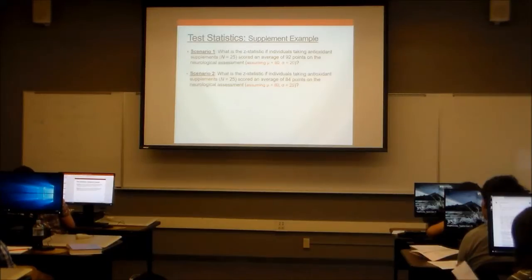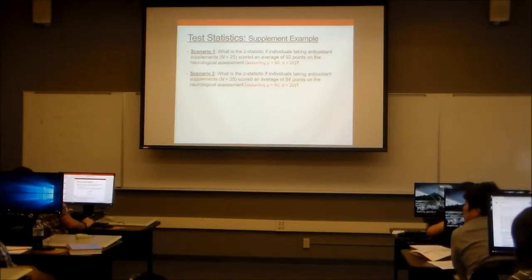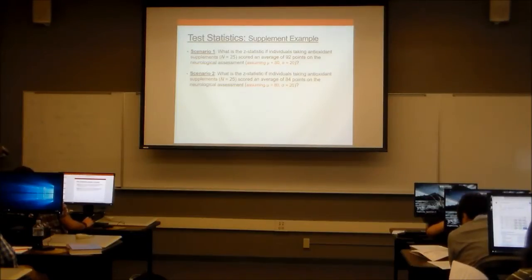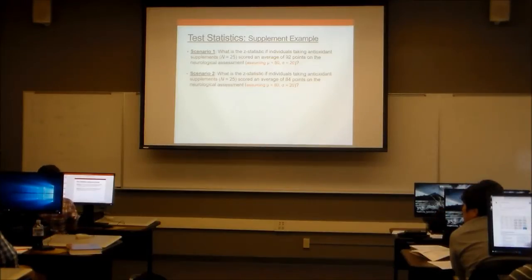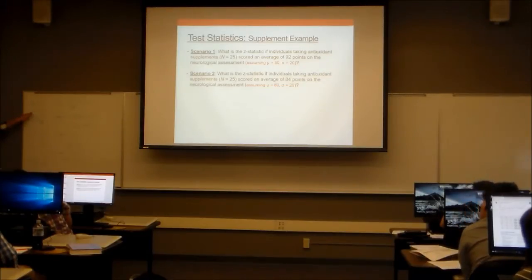Assuming the null, assuming the true average cognitive functioning of the population of older individuals who are taking antioxidant supplements is actually 80, the same as the general population, is it very likely or unlikely that I would get a sample of 25 individuals with a mean score of 92? Very, very unlikely, right?